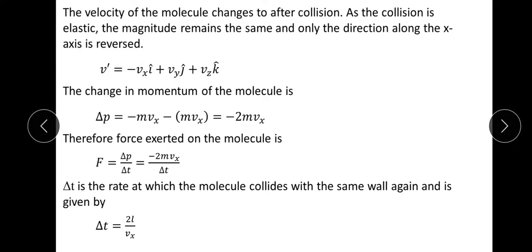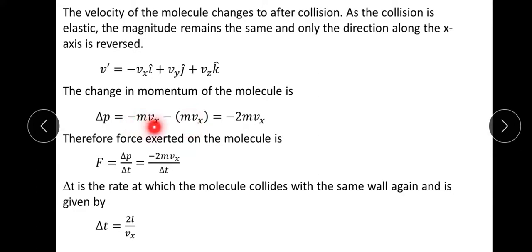Now let us write the change in momentum of the particle. We know that momentum is nothing but the product of mass and velocity. So this is the final momentum and this is the initial momentum, and the change in momentum is final momentum minus initial momentum. How to write the final momentum here?